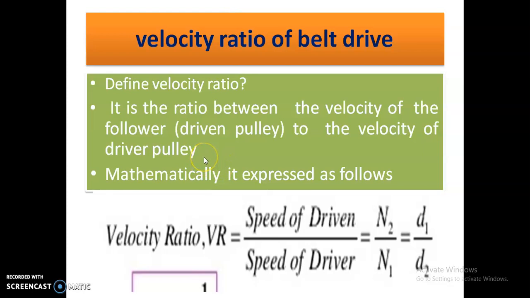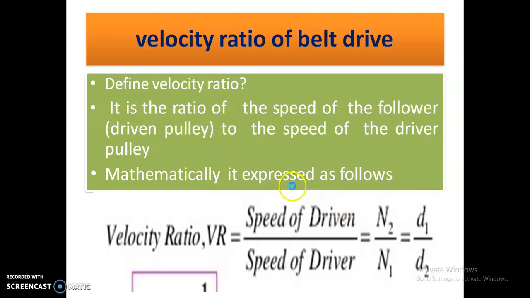Mathematically it is expressed as follows. Velocity ratio is denoted by VR. It is equal to the speed of the driven shaft or driven pulley divided by the speed of the driver pulley, that is equal to n2 by n1 is equal to d1 by d2.